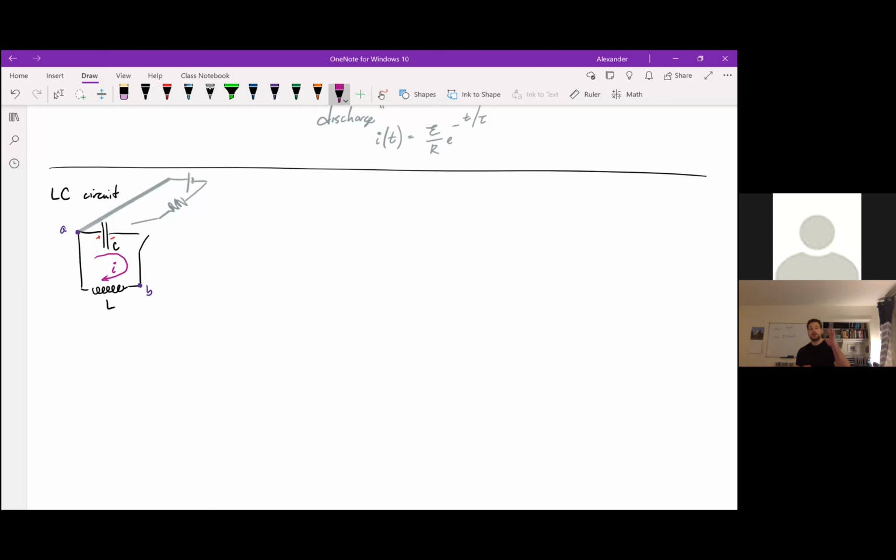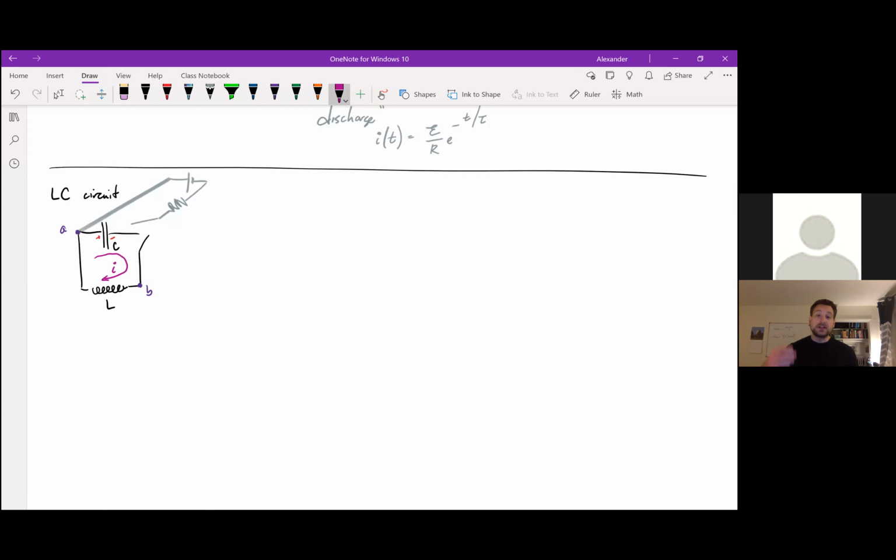Okay, part 2. We are considering now a circuit with a capacitor and an inductor. Suppose we start the clock at some time 0 after having spent some time charging the capacitor.